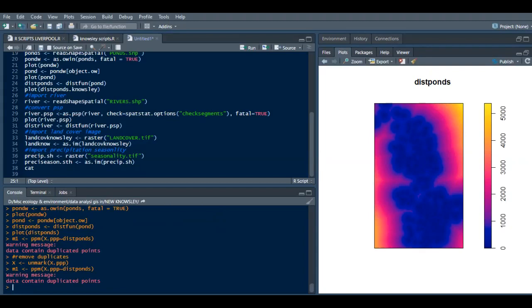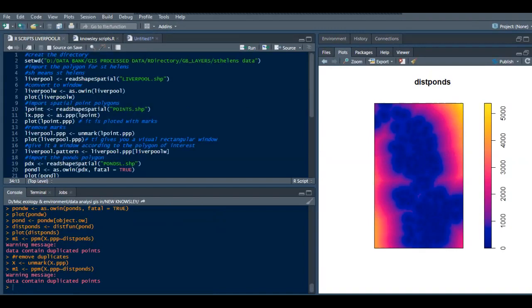But anyway, the duplicates don't really affect our model. Let me look for the code here.